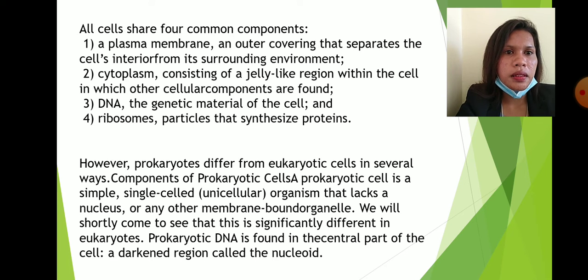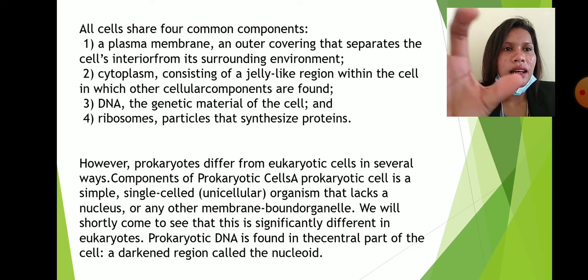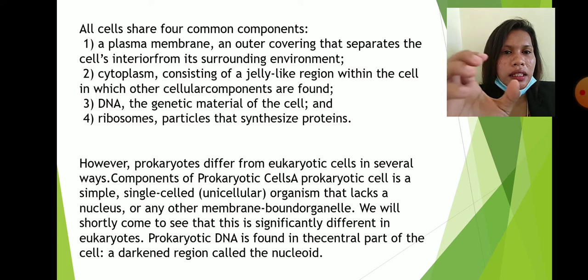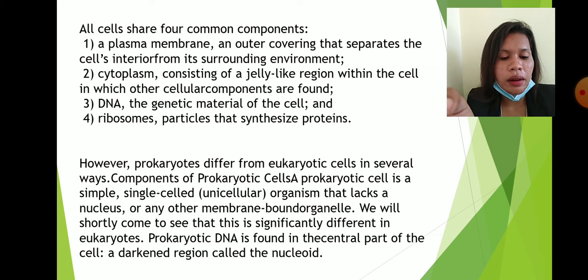So prokaryotic cells is a single cell called unicellular. Hindi siya nakapaloob sa isang selula. Siguro nakikita natin mga bacteria siya, pero makikita siya sa microscope, pero hindi natin siya mahawakan. Like, unless sa atin na living things na mga tao.